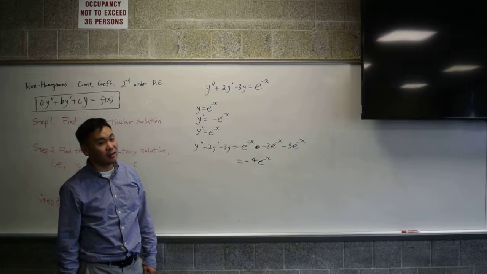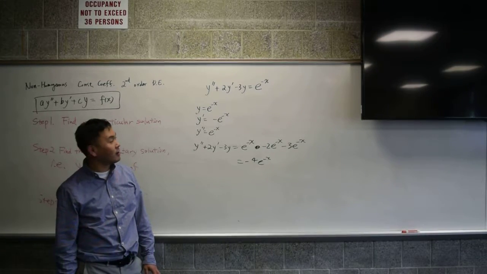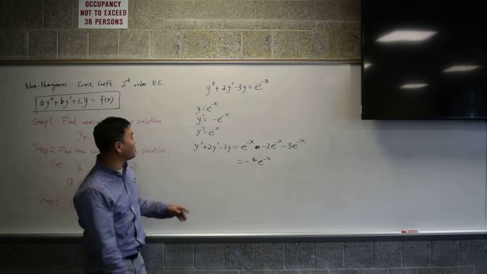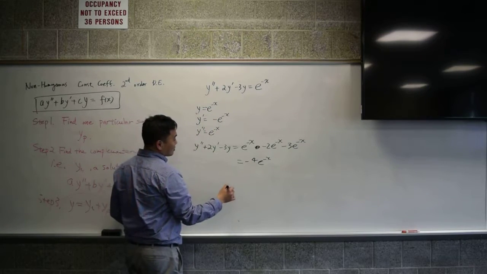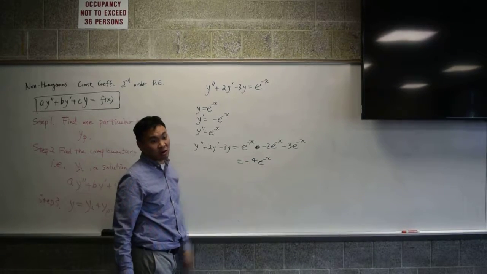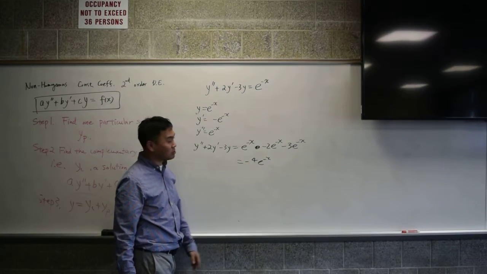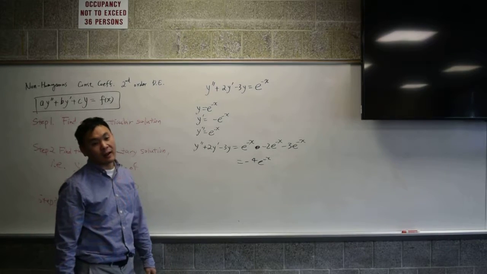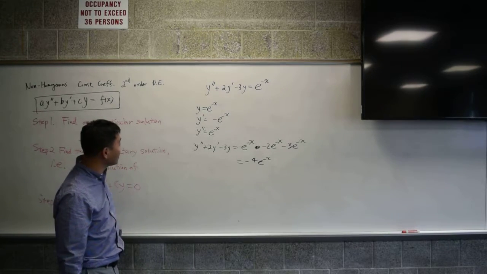Negative e to the negative x, that's y. If you put a minus in front, the final answer will be positive 4e to the negative x. So it will still be off by 4. What do you think?